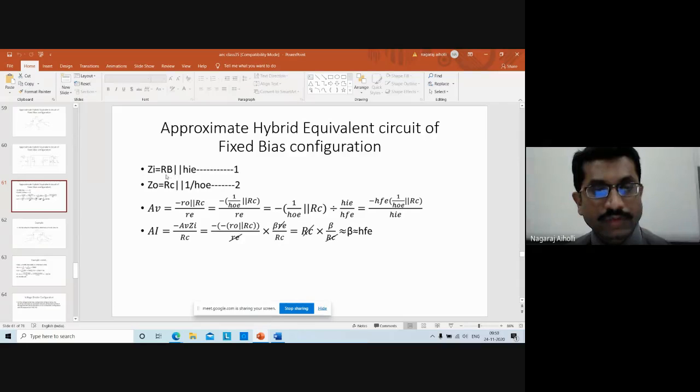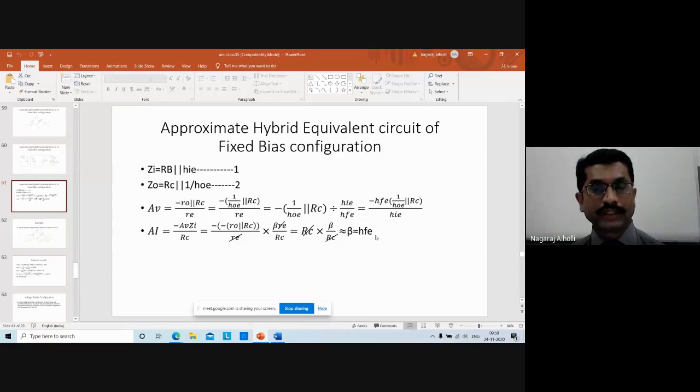We'll be solving an example on this hybrid equivalent circuit of fixed bias configuration. Zi is RB parallel HIE, Z0 is RC parallel 1 upon HOE, AV is equal to minus HFE into 1 upon HOE parallel RC by HIE, and AI is equal to beta, that is HFE.